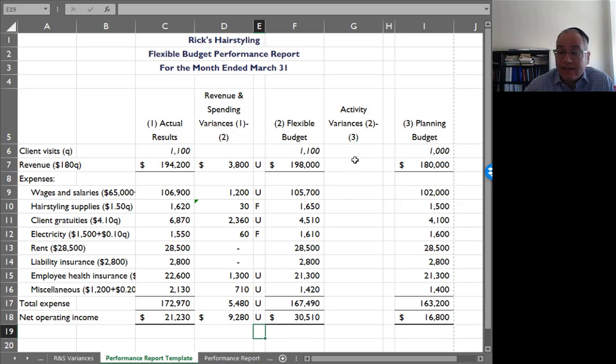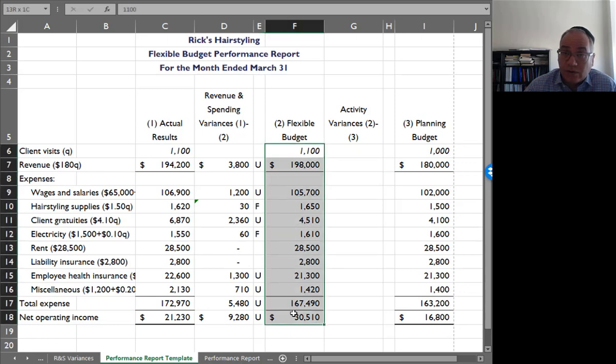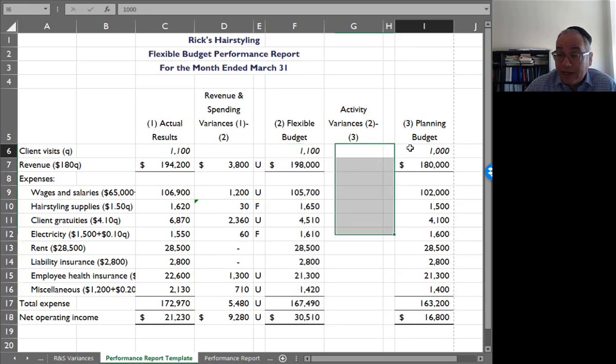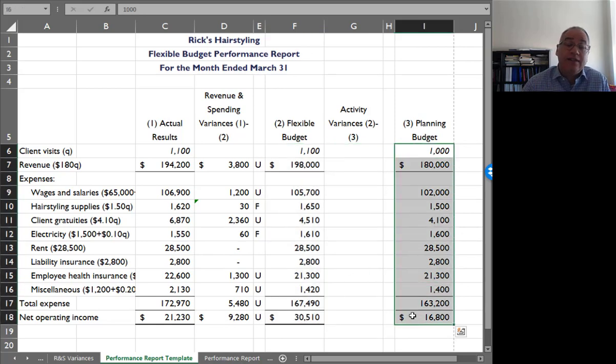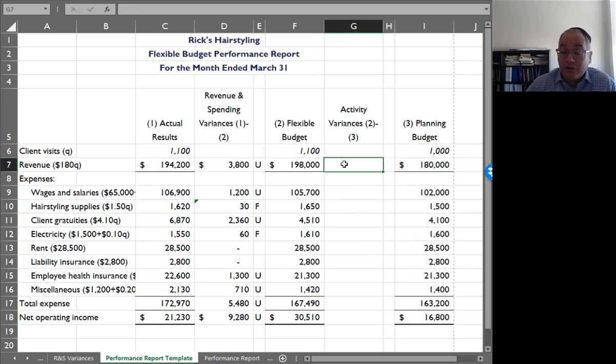Now let's look at the activity variances. Activity variances would be the difference between the flexible budget, this was the first one we went over, the flexible budget, which accounts for the 1,100 units, and the planning budget. So basically, these are the changes in figures we would expect if we had a change in activity. So if we had another 100 visits, what should have happened?